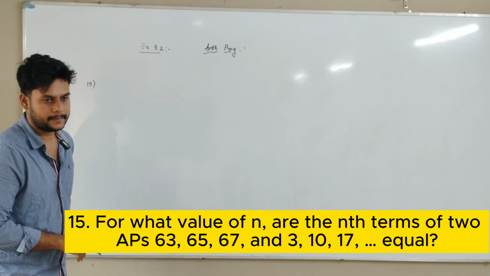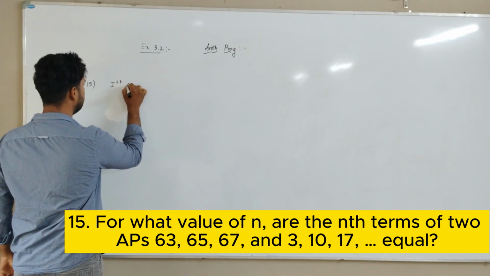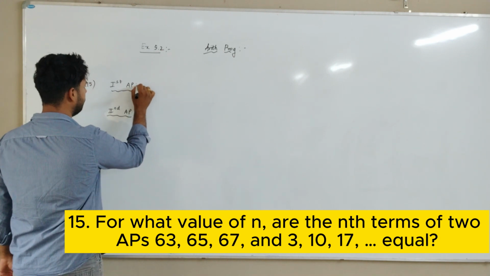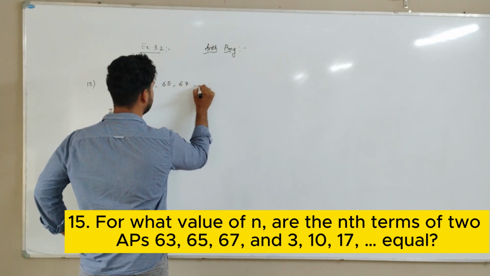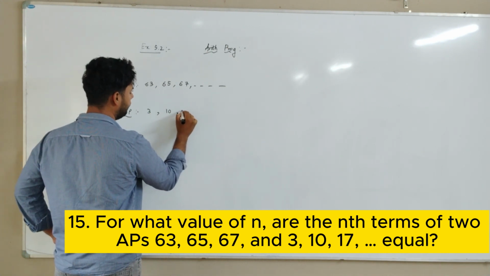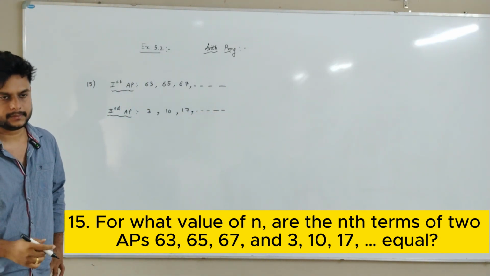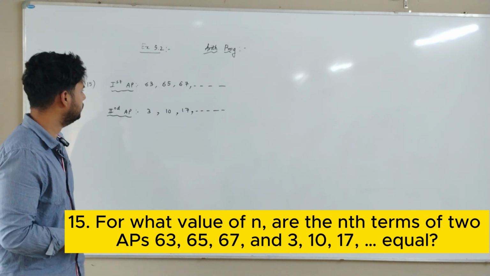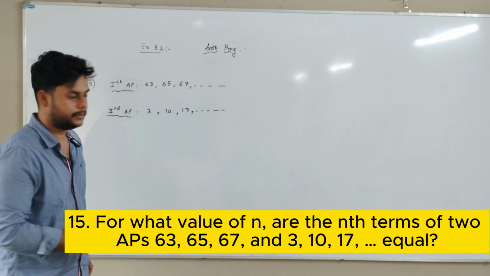For what value of n is the nth term of the two APs 63, 65, 67 and so on, and 3, 10, 17 and so on, equal? See, there are two APs. First AP: 63, 65, 67, and so on. Second AP: 3, 10, 17.